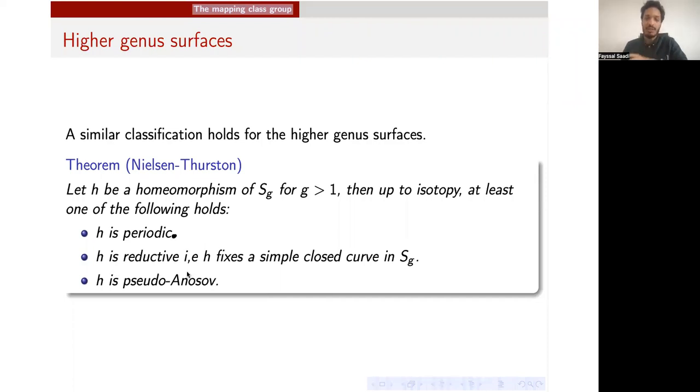That means that H fixes a simple closed curve, so you can cut along this closed curve, and then you have two new homeomorphisms on each part after cutting. In other words, we reduce the homeomorphism to other surfaces of lower genus. And the last case is H is pseudo-Anosov. We'll define later what exactly a pseudo-Anosov is.